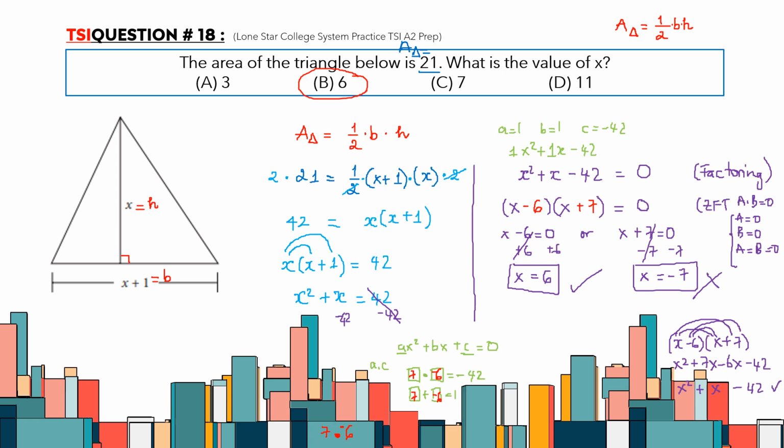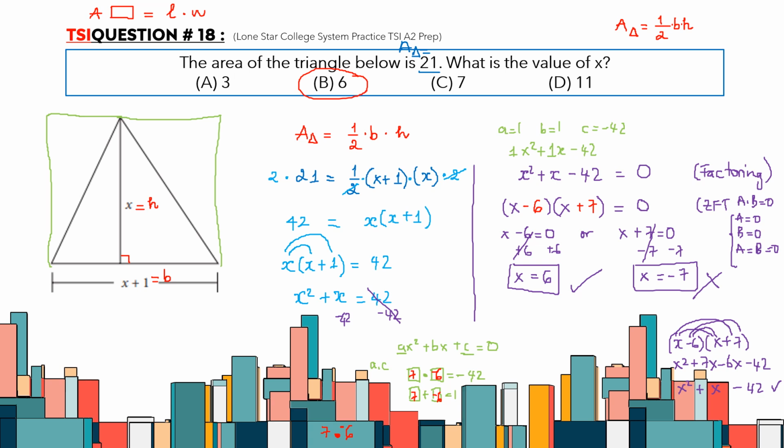In case we forgot the area of a triangle, but we do remember the area of a rectangle, the area of a rectangle is equal to the length times the width. We can look at the given triangle, and then draw the extra part right here.